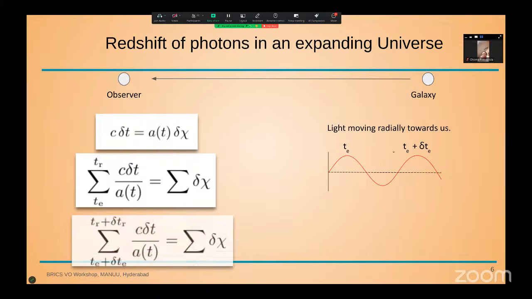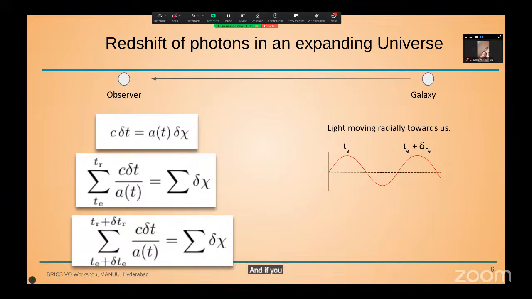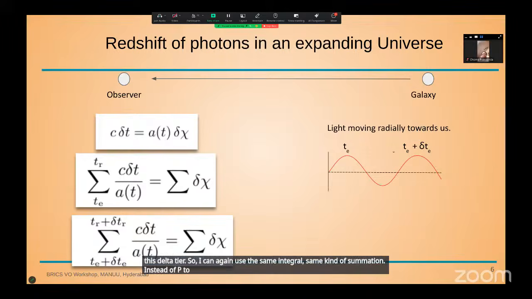Now I can consider this next crest. It is emitted at the time t plus delta t, and it will be received at the time tr plus delta tr. So I can again do the same kind of integral, same kind of summation, from t plus delta t to tr plus delta tr. Is everyone with me?